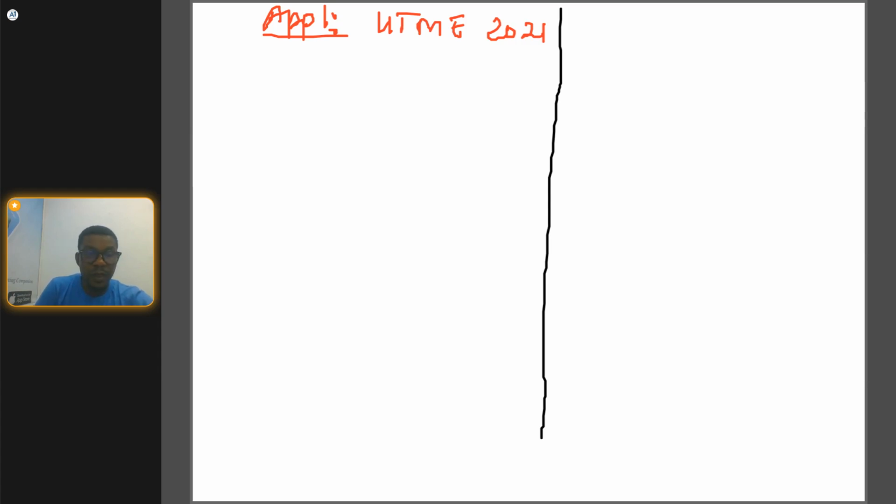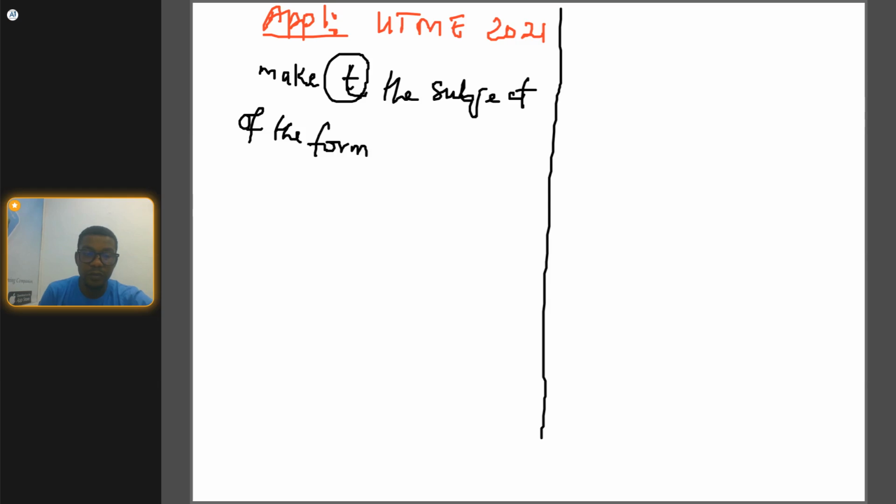So we have the question to be: make t the subject of the formula, when s equals ut plus 1 over 2 at squared.